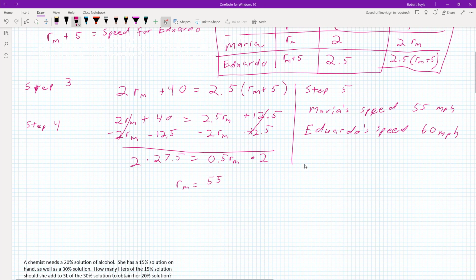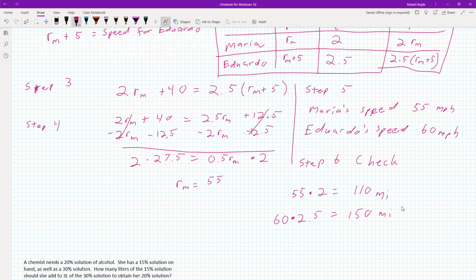And then for step 6, which is our check. Well, if Maria traveled at 55 miles an hour for 2 hours, she would have gone 110 miles. If Eduardo traveled at 60 miles an hour for 2.5 hours, then he would have traveled 150 miles.